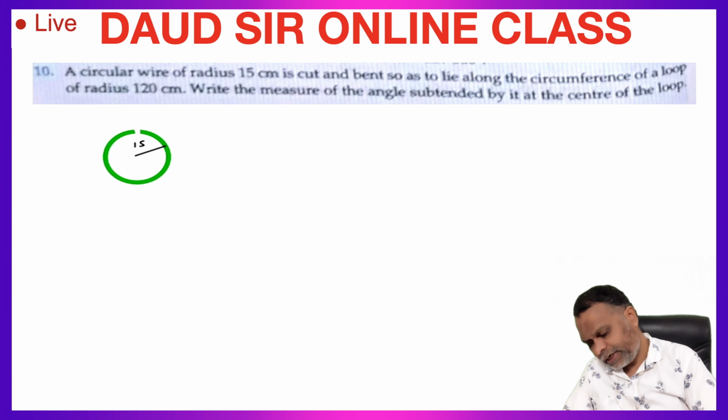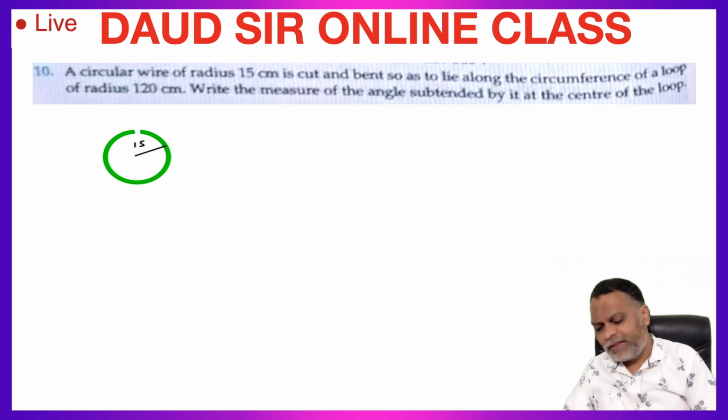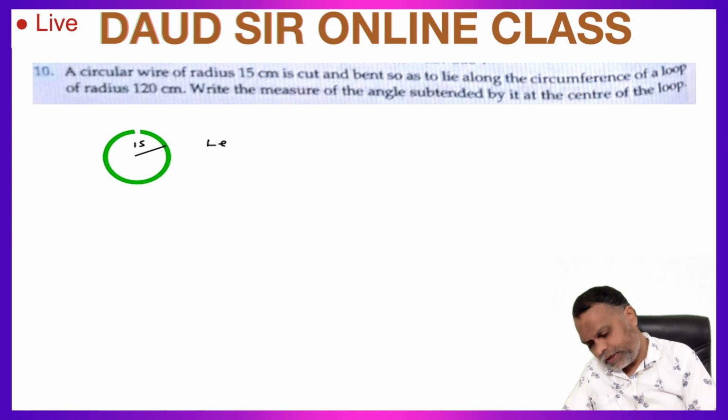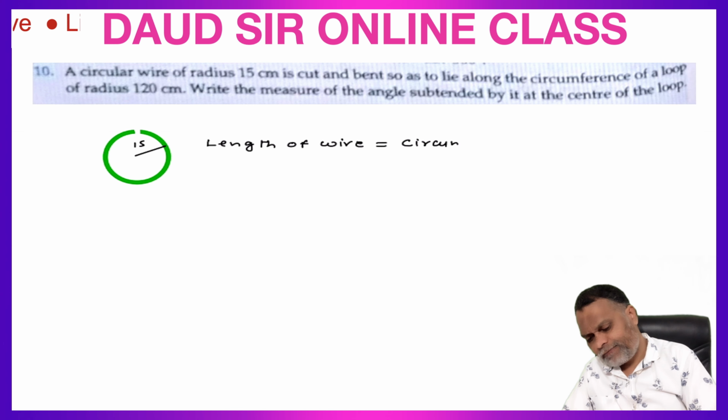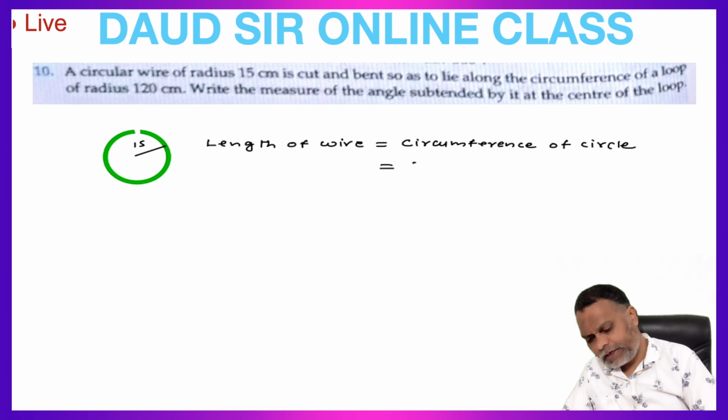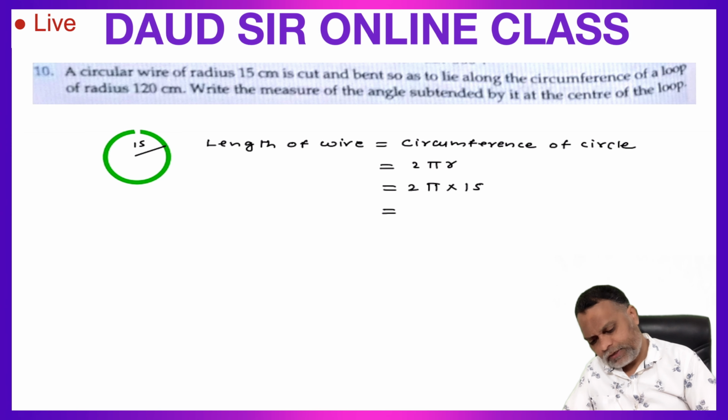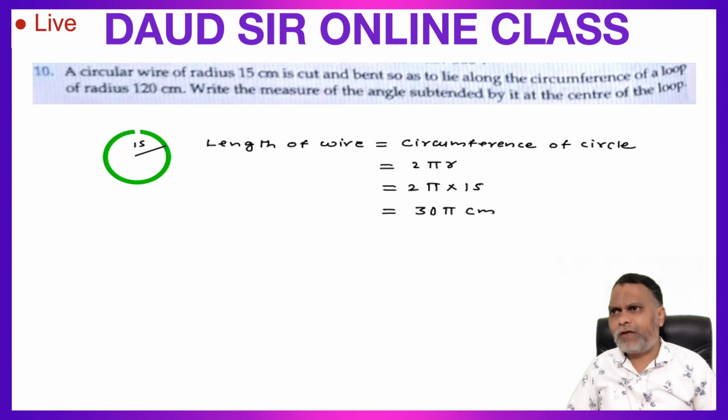So length of wire is equal to the circumference of circle, and circumference of circle is nothing but 2 pi r. So 2 into pi into 15 centimeter is 30 pi centimeter. This is the length of wire.